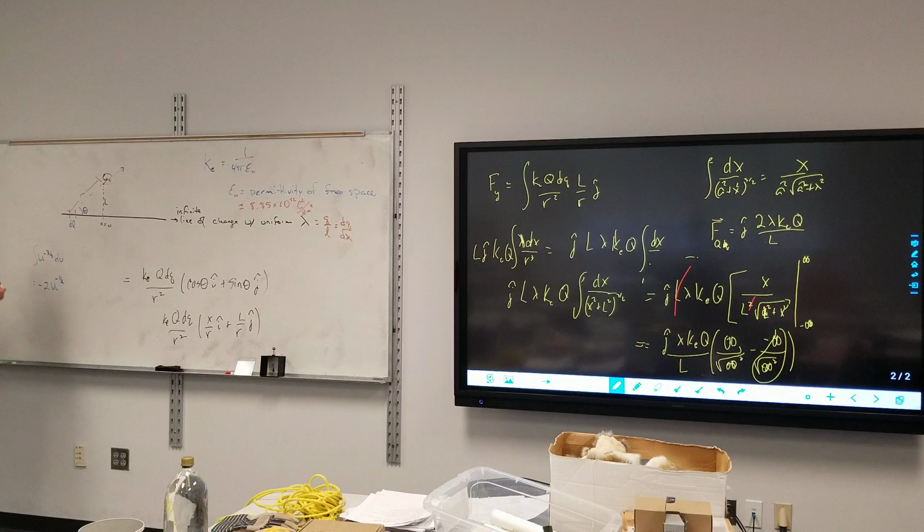So that formula over there now becomes, the force on Q, j hat, 2 lambda Q over 4 pi epsilon sub naught L. And then that 2 is going to cancel out with half that.